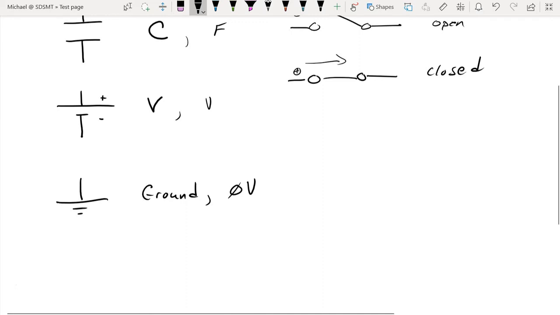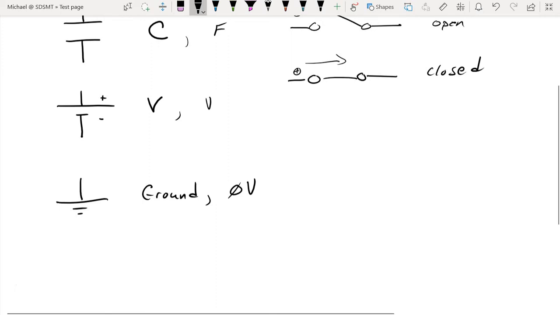It's also a safety consideration, because if we get too much electric potential or too much charge in a circuit, then we run the risk of an electric discharge or damaging a portion of the circuit, or maybe even harming someone who's using that circuit. So if we see this symbol, that means that portion of the circuit is grounded.